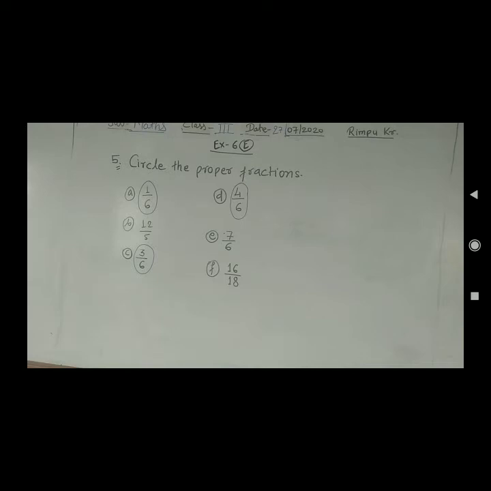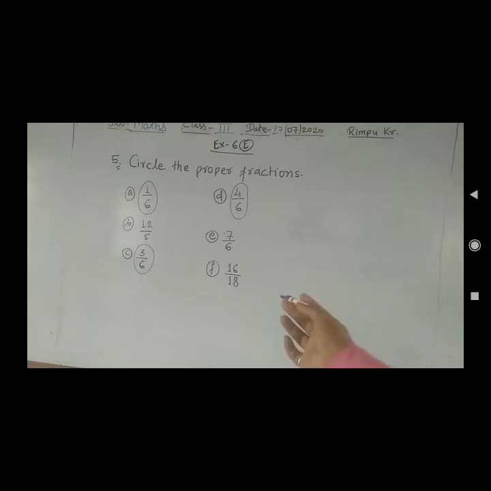But in question 5f you can see the numerator is 16 and the denominator is 18. Guys, listen to me. 16/18. You have not read it like this; you have to read it like this. 16/18.